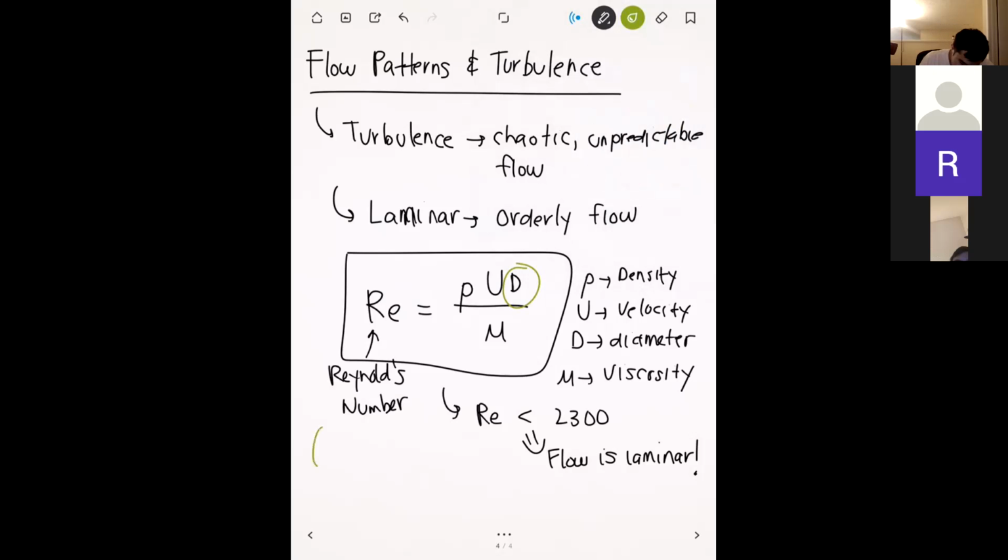Okay. And so this is great. The fact that we're working with such small diameters tells us that we're working with laminar flow most of the time, and that really helps simplify our calculations.